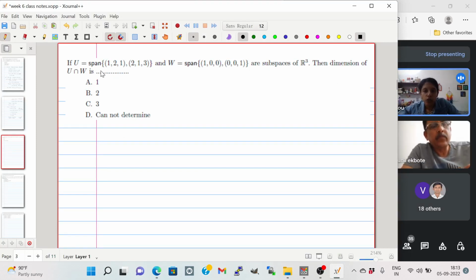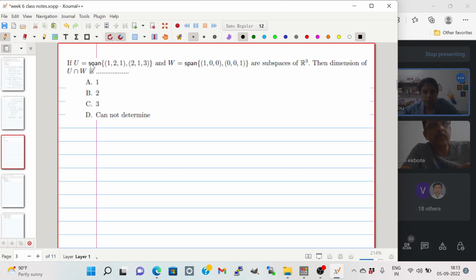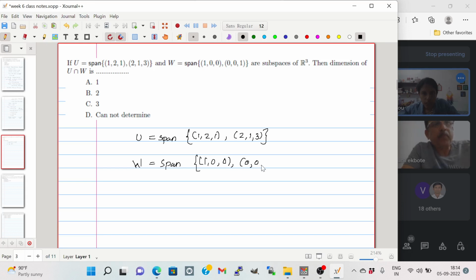Here we have two subspaces, U and W are subspaces of R3. What is U? U is written as the span of two elements in R3, that is 1, 2, 1 and 2, 1, 3. In the same way, W is also a span of 1, 0, 0 and 0, 0, 1.